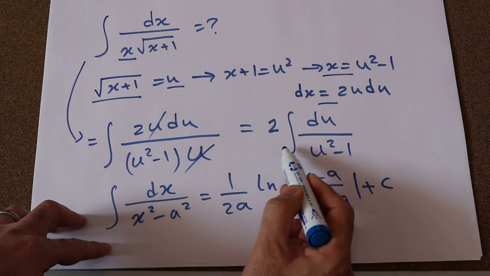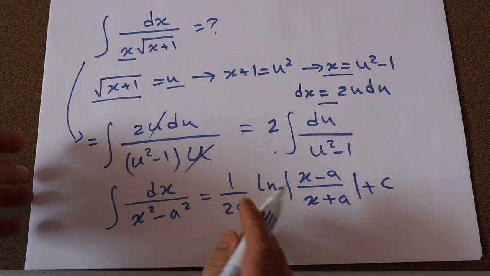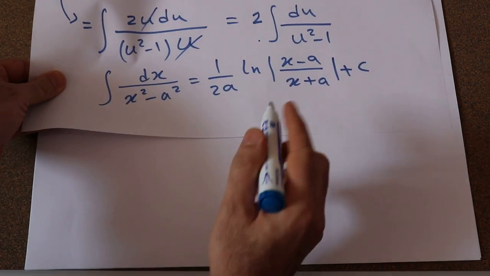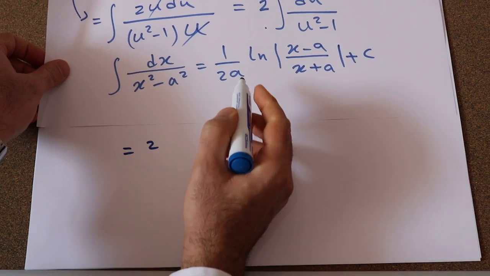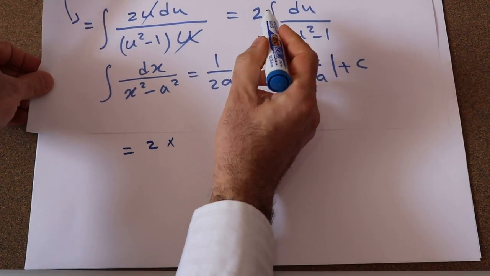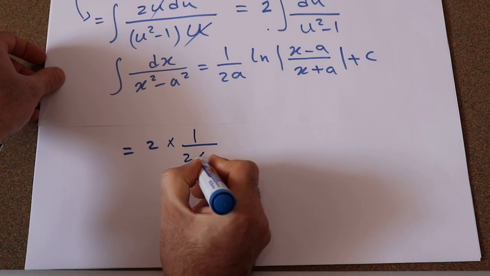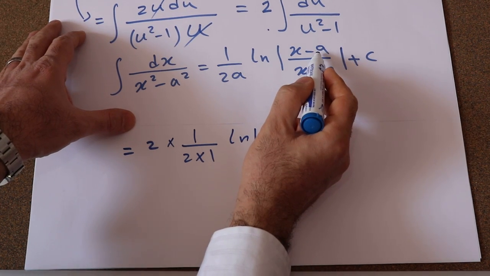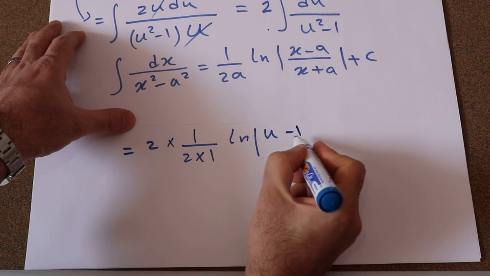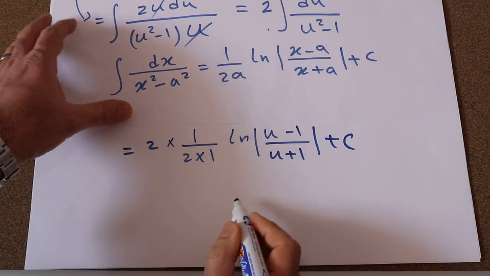Here, if you compare this integral with this one, you can easily see that the value of a here is equal to 1. Okay, therefore this integral will be equal to 2 times, this 2 is the constant value here, times 1 divided by 2a, that is 1 divided by 2 times 1, ln of (u minus a) divided by (u plus a), where a is 1, okay, plus c, which is the constant of the integral.